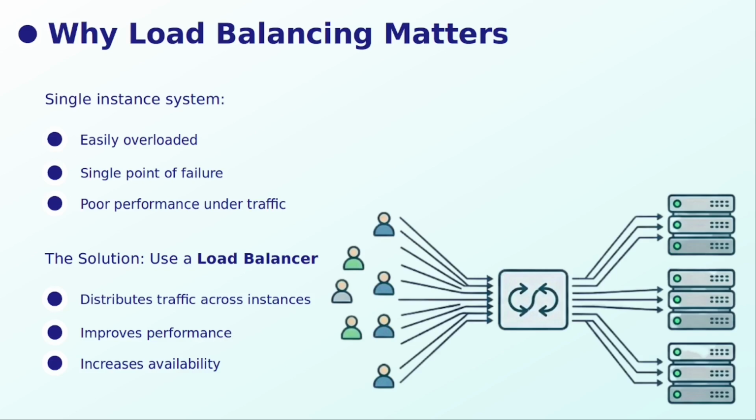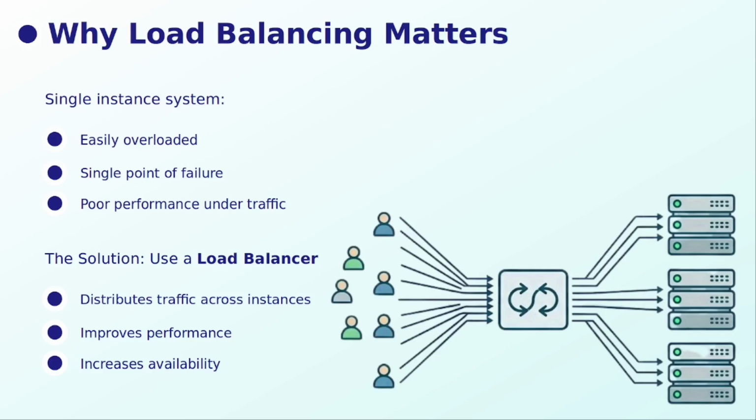The solution. To solve these problems, we introduce a load balancer. A load balancer acts as a central endpoint that distributes incoming requests across multiple service instances. This brings several benefits. It distributes traffic evenly, so no single instance is overwhelmed.